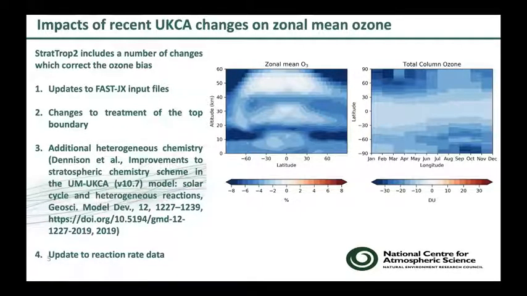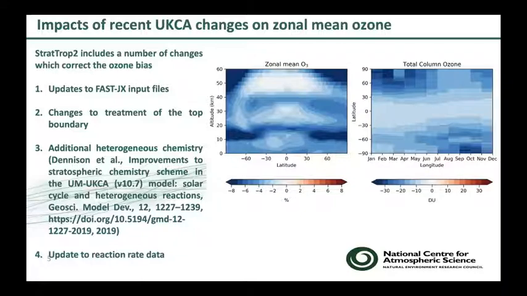And when we make these changes, which again are fairly modest, we get really quite strong reductions in ozone everywhere: throughout much of the stratosphere and in the troposphere. When we look at this in a column, there are relatively modest reductions in the tropics, and then larger reductions in the mid-latitudes and the polar regions. And that's consistent with the changes we've made, particularly these heterogeneous ones.